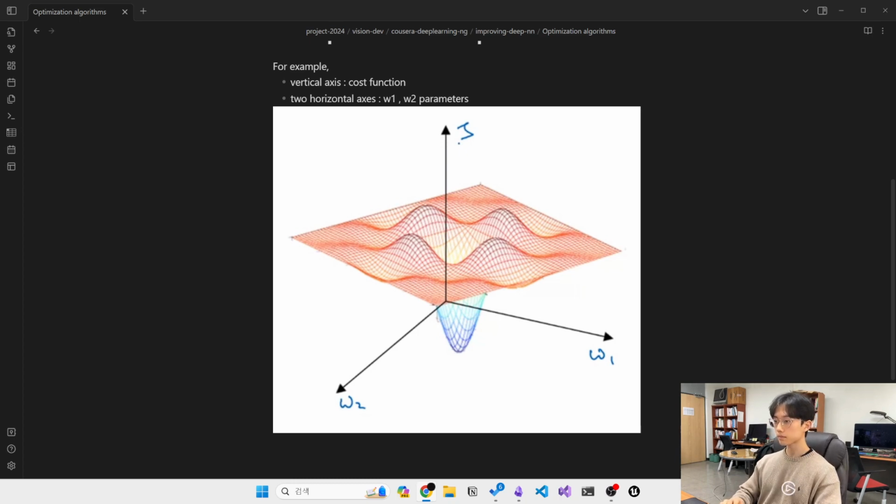But informally, for a function in a very high dimensional space, if the gradient is zero, then in each direction it can either be a convex-like function or a concave-like function. And if you're in, say, a 20,000 dimensional space, then for it to be a local optimum, all 20,000 directions need to look like this. And so the chance of that happening is maybe very small, maybe 2 to the minus 20,000.